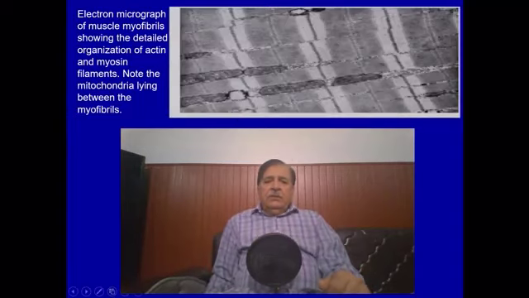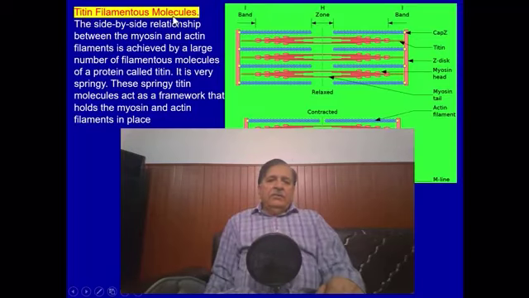This is a muscle under the microscope. You can see the dark area, the Z line, the light area, the I band, and this is called the A band. This is the Z line, and these are mitochondria which are lying parallel to the myofilaments of the muscle cells. Titin is a filamentous molecule.